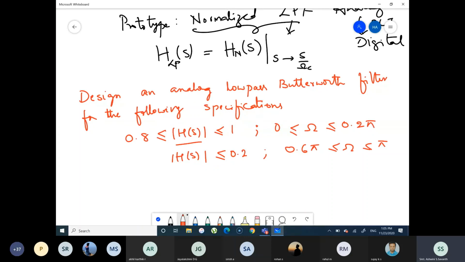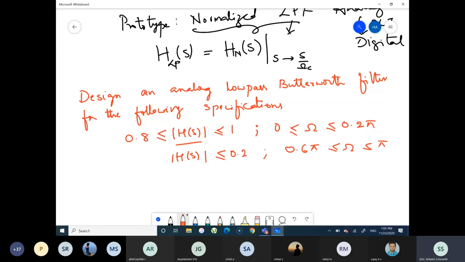Okay. So according to the problem that is given to you, first write down the filter specifications. See, again, he's given the frequency range in 0 to pi. So that happens to be the digital specifications actually. Sometimes they do such things, but since he has told it's an analog filter, don't worry too much about that.